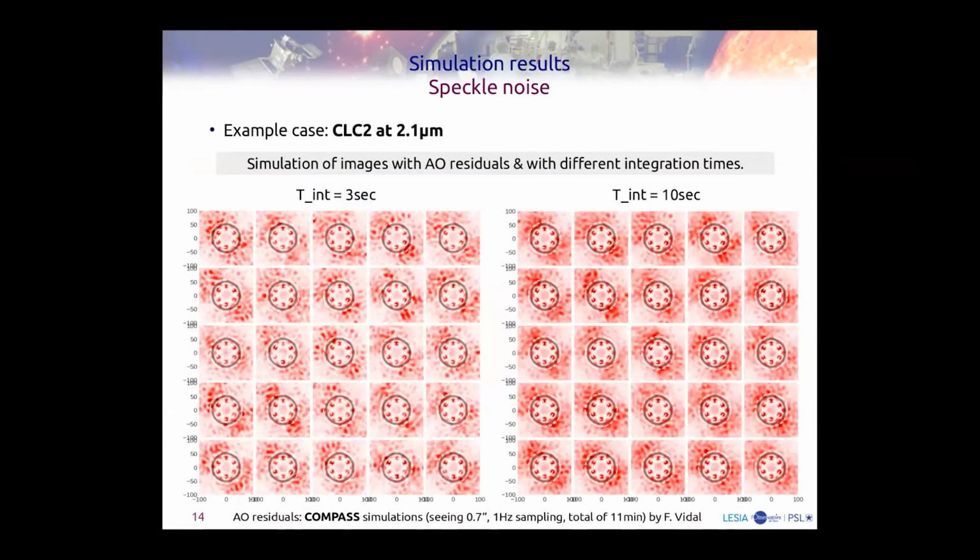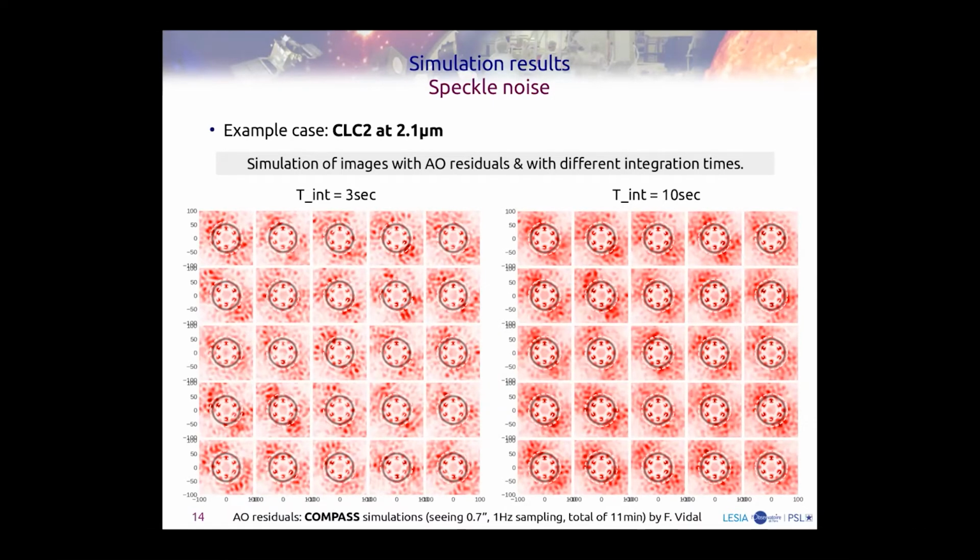I've also studied speckle noise due to residual AO phase screens, simulated with COMPASS, also performed by Fabrice Vidal. I simulated images with different integration times to see how the speckles average and how they impact the STARLOC estimate.